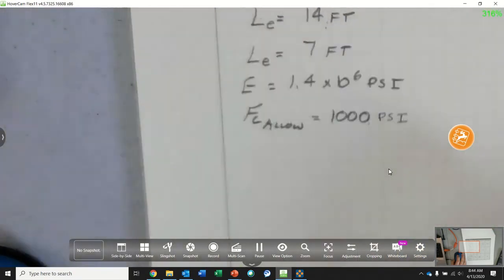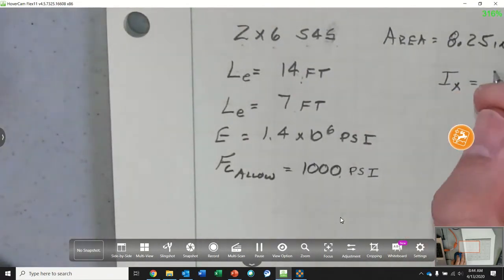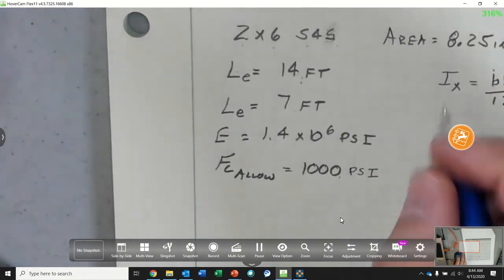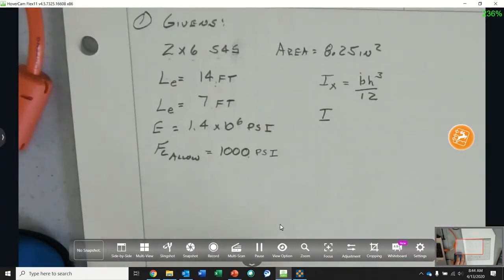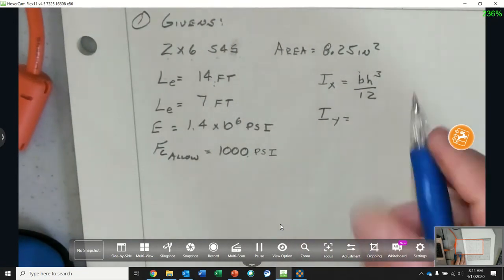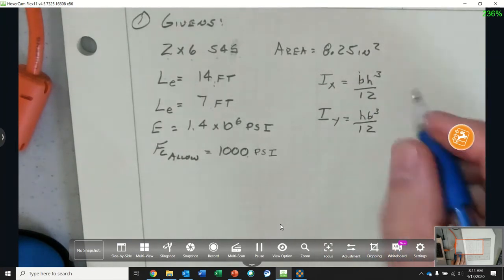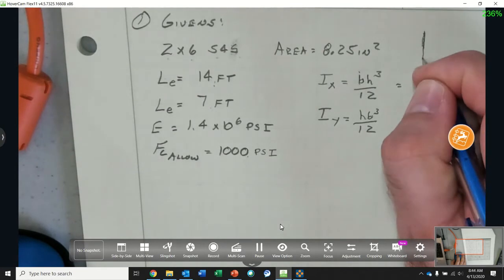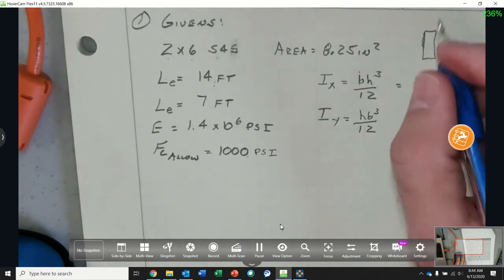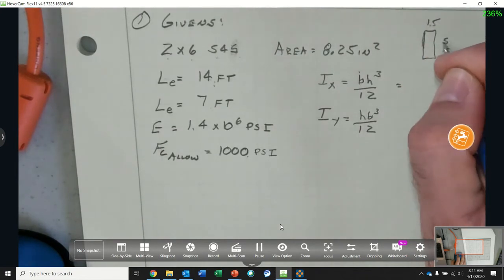So my moment of inertia in the y-axis equals HB cubed over 12. Looking down at it, my B is 1.5 and my H is 5.5.